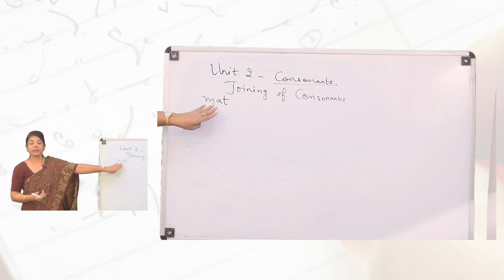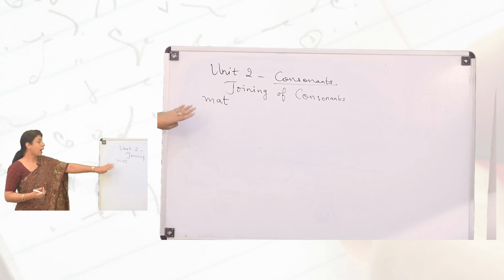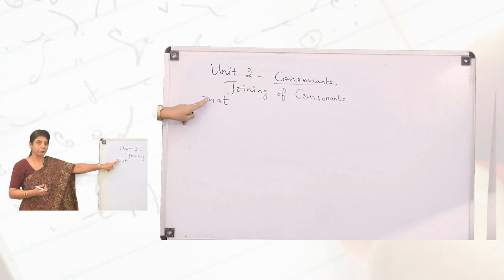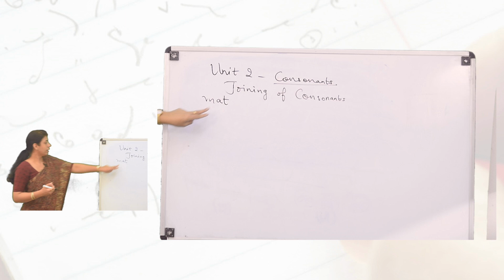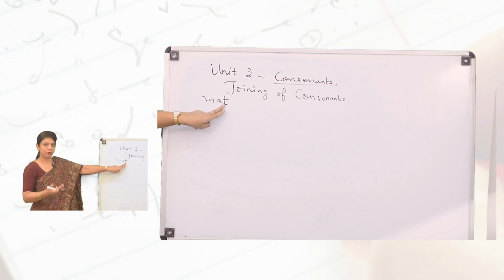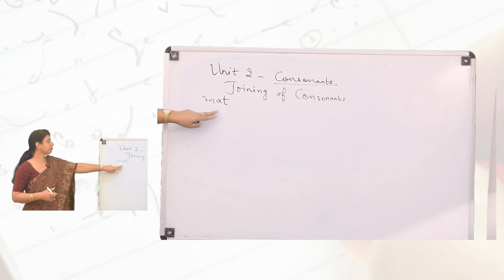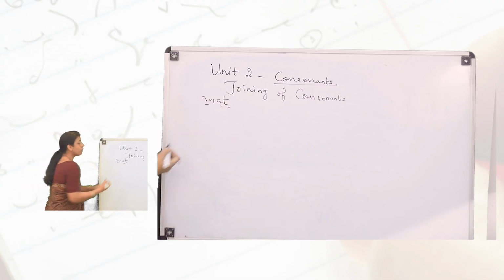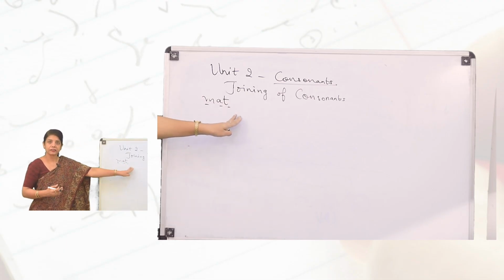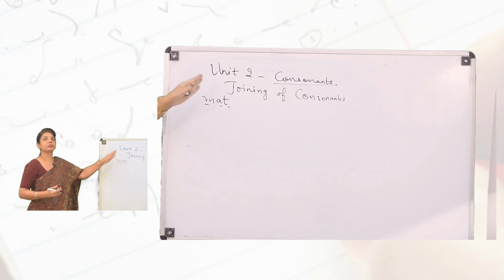Like in this example, I am getting the sound of M because this is pronounced as mat. Then A, which is a vowel, we'll be learning what a vowel is, and then the sound of T. So we should know how to combine M and T to write this word in shorthand.